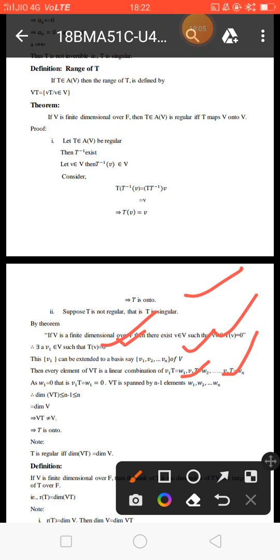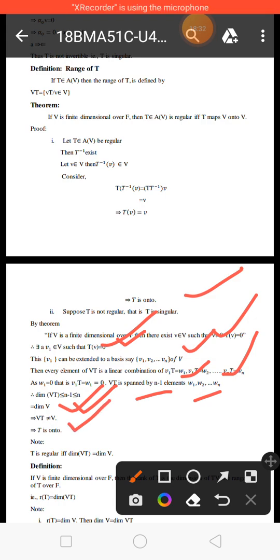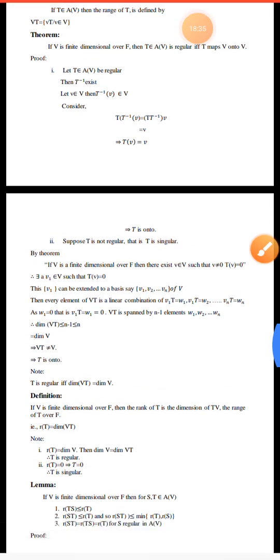As w1 equals 0, v1T equals 0, which implies VT is spanned by n minus 1 elements. If v1T is not equal to 0, VT is spanned by n elements. If v1T equals 0, then VT is spanned by n minus 1 elements. Therefore, dimension of VT is less than or equal to n minus 1, which is less than n, which equals the dimension of V, which implies VT is not equal to V, which implies T is not onto.